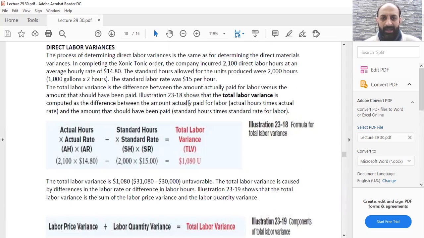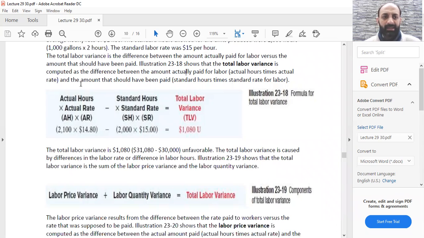Illustration 2318 shows the total labor variance is computed as the difference between the amount actually paid for the labor and the amount that should have been paid. Okay, when we talk about total labor variance, just like we did total material variance, using the one formula, we can figure out the total variance in labor.